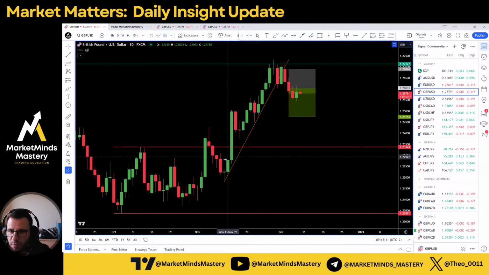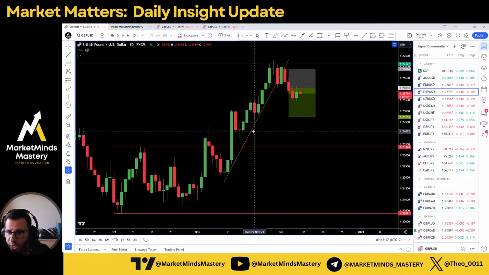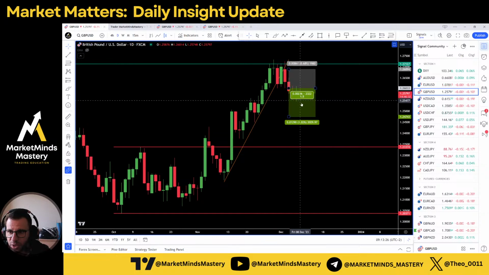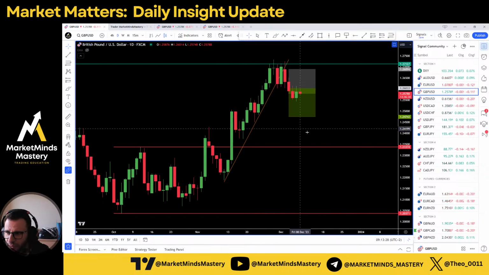Now, because we could draw an upward trend line, as you see here, and it's broken, I said, okay, maybe the market is going to move a little bit until it finds these support levels here. So I took a short position, still in. We'll see what's going to happen.